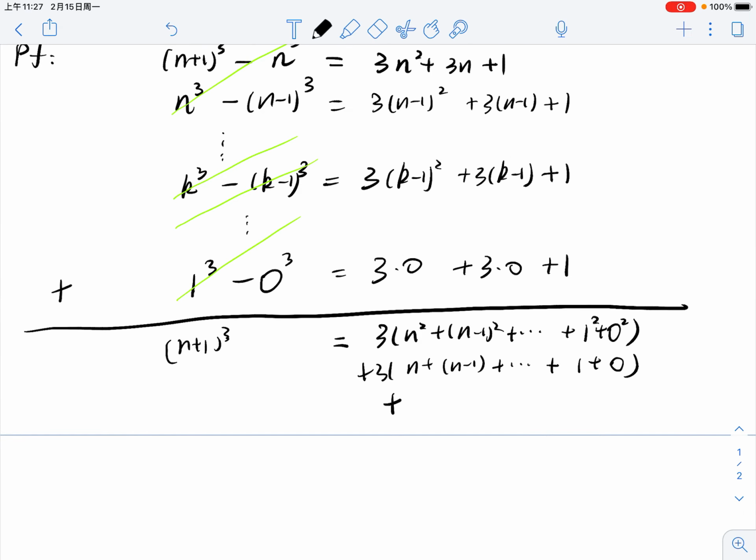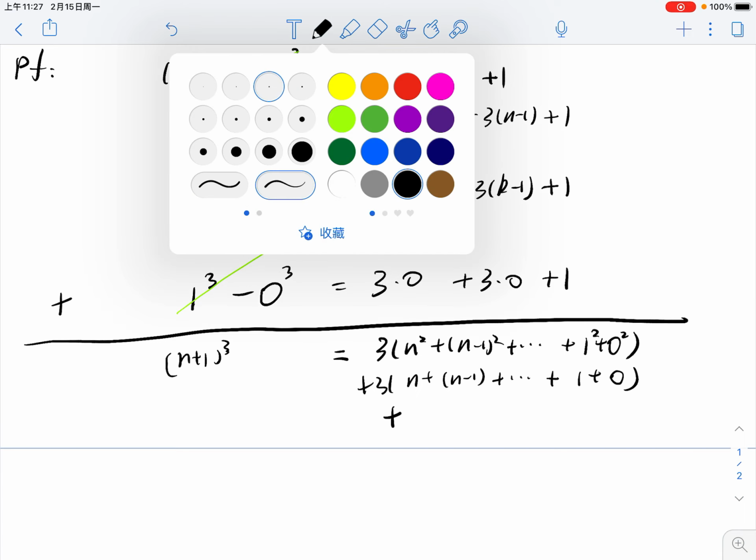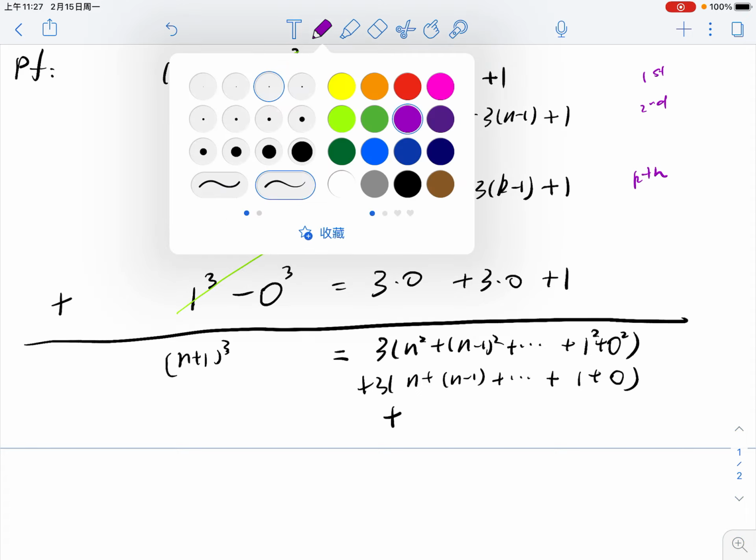So how many do you have? Let's count how many equalities you have. So this is the first equality, the second one.